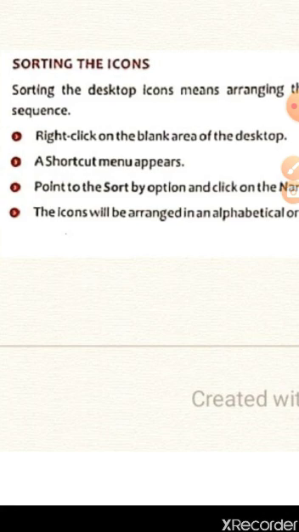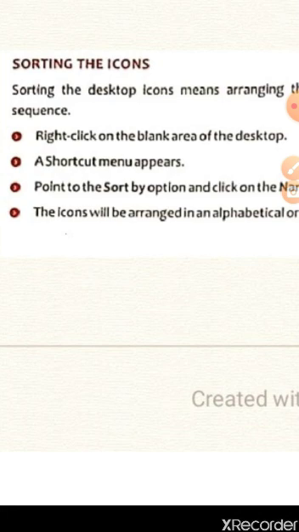Or we want the most frequently used icons to be on the top, and the shortcuts to be appearing at the bottom of the desktop. These can be done through sorting the icons.